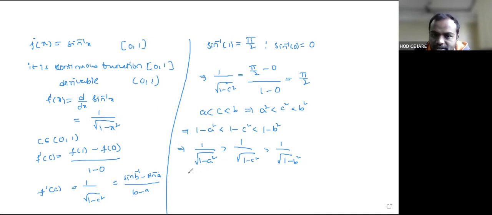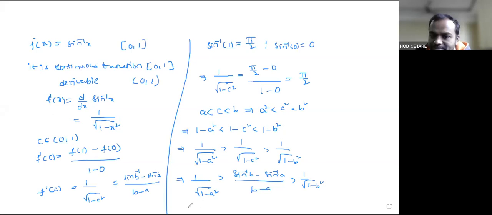So that is equal to 1 by square root of 1 minus a square is greater than sin inverse of b minus sin inverse of a by b minus a is greater than 1 by square root of 1 minus b square.